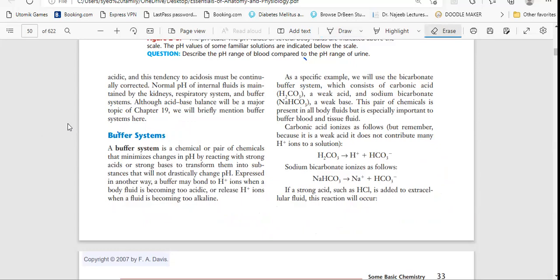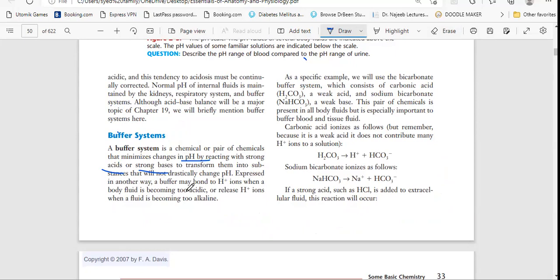The buffer system is a chemical or pair of chemicals that minimize change in pH by reacting with strong acids or strong bases, or by transforming them into substances that will not drastically change pH.